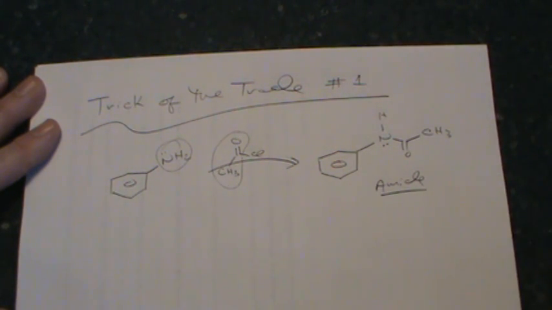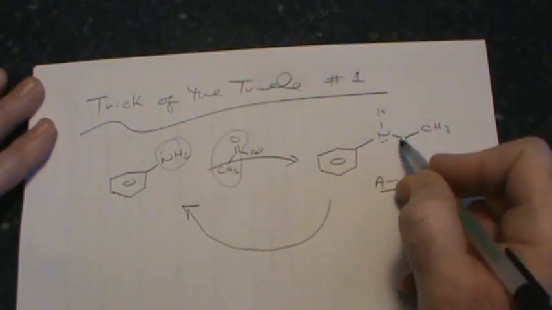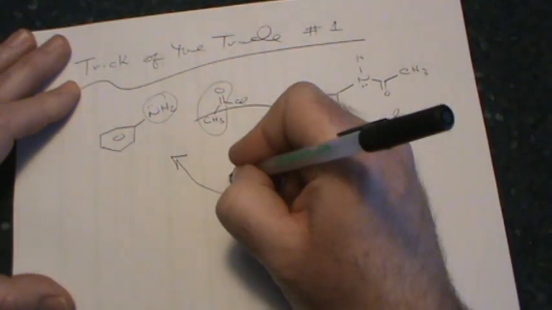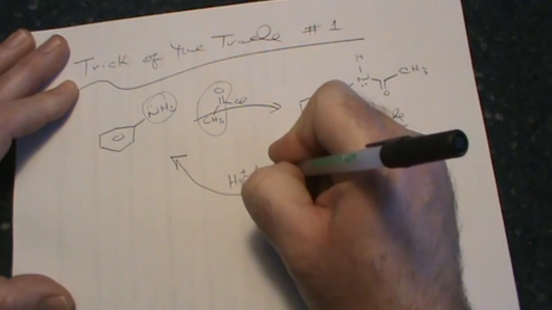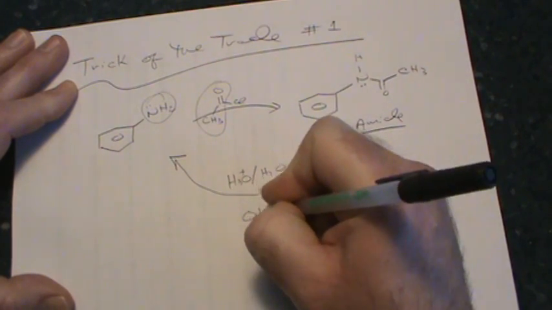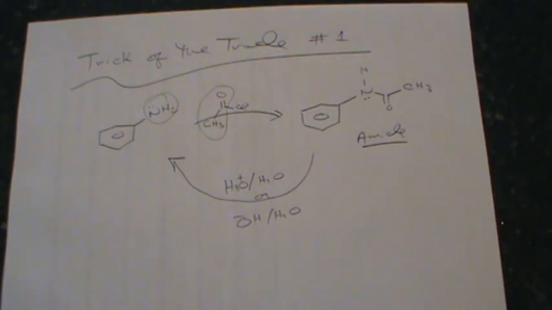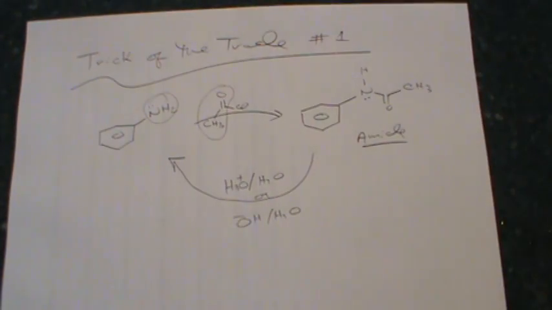Run the reaction of interest, and then I can take that amide and convert it back to an aniline through a hydrolysis reaction. Hydrolysis can be achieved with H3O plus H2O or OH minus H2O. The hydrolysis will be clean and quantitative and take me right back to the aniline compound. So this we consider to be trick of the trade number 1.